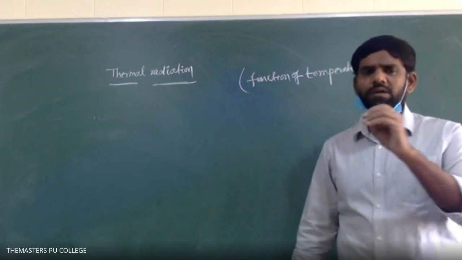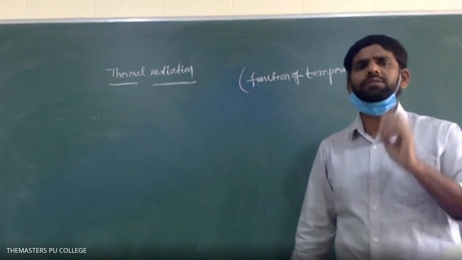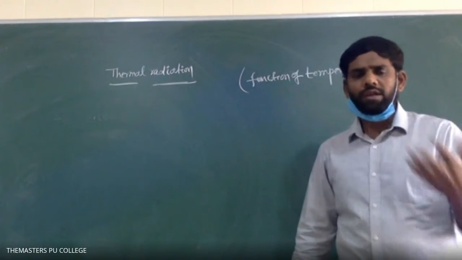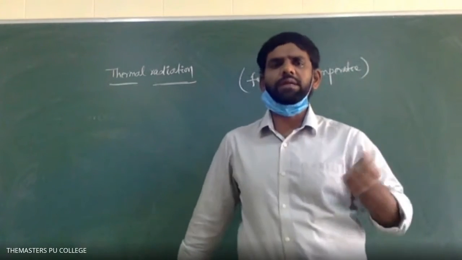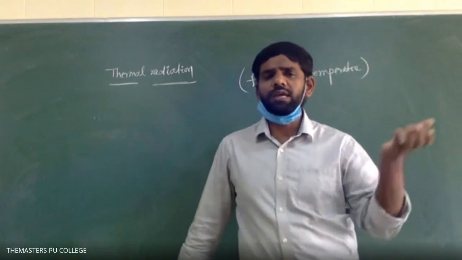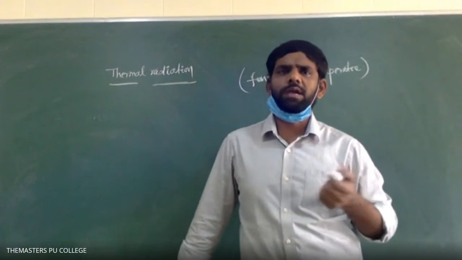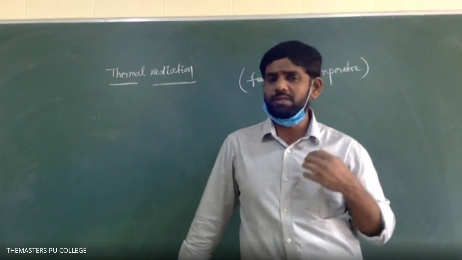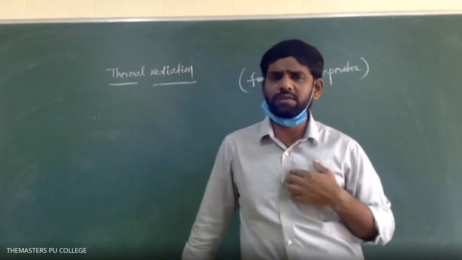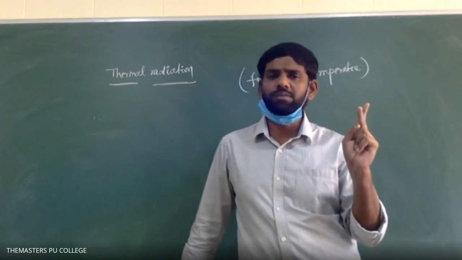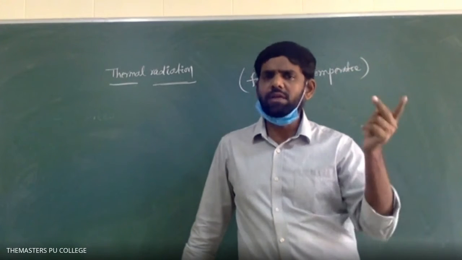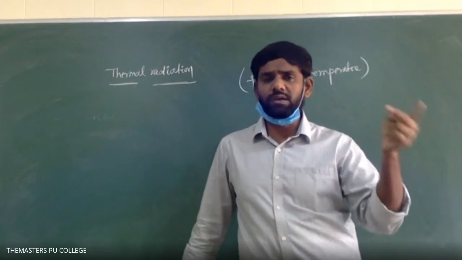A hot body emits hot radiation and a cold body emits cold radiation. For example, a cup of tea at around 80 degrees exposed to the atmosphere loses heat in two ways. One is convection, by heating the air molecules in contact with the cup.